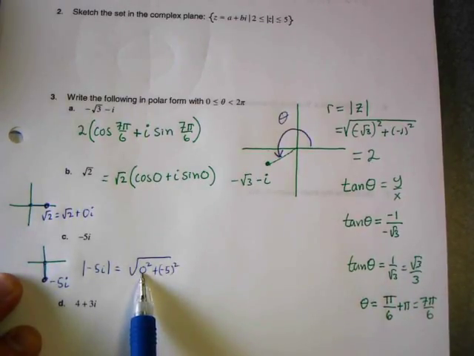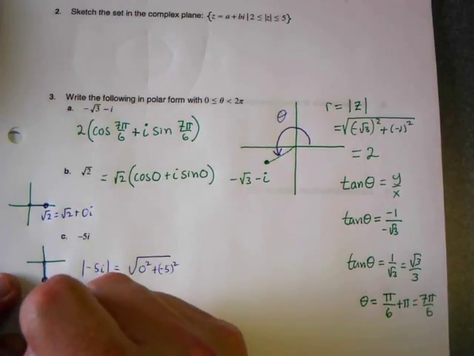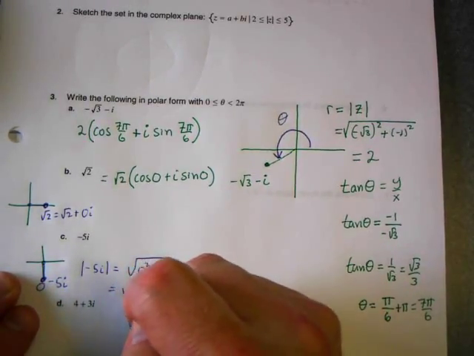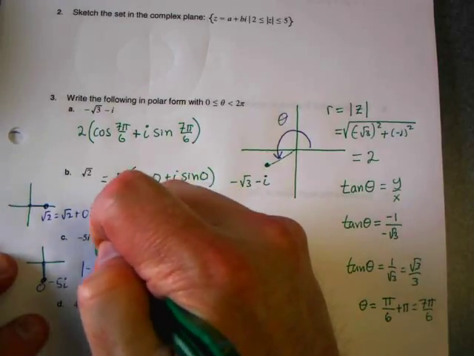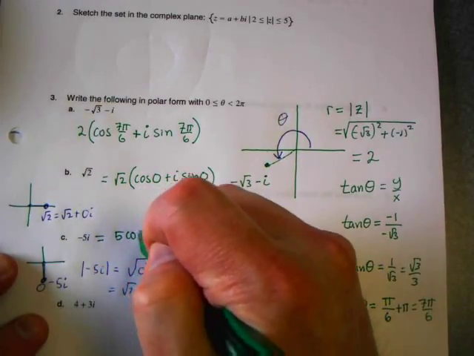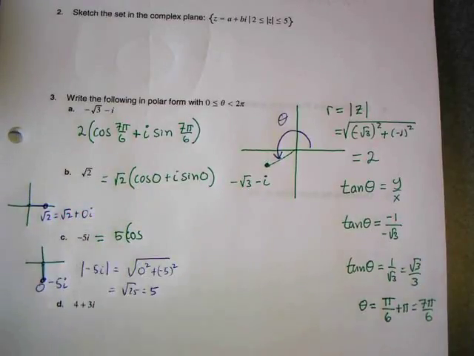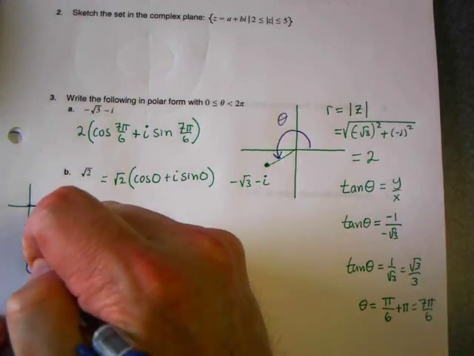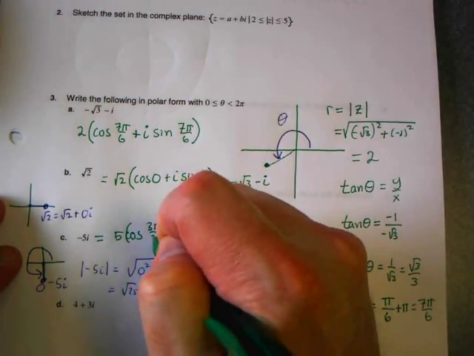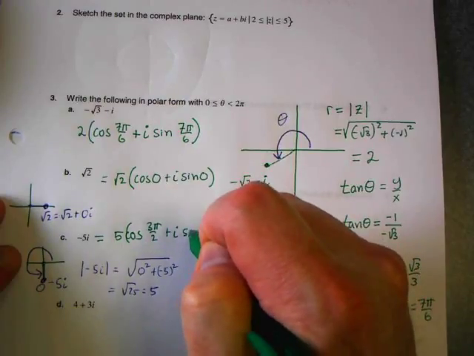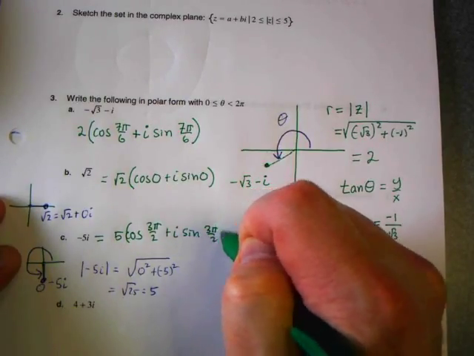Where did the 0 come from? Doesn't have an x. This is 0 minus 5i. So the length would be the square root of 25, which is 5. Length is always given as a positive number. So that would be 5. So negative 5i is 5 cosine. What's that angle? 3 pi over 2. 5 cosine 3 pi over 2 plus I sine 3 pi over 2.